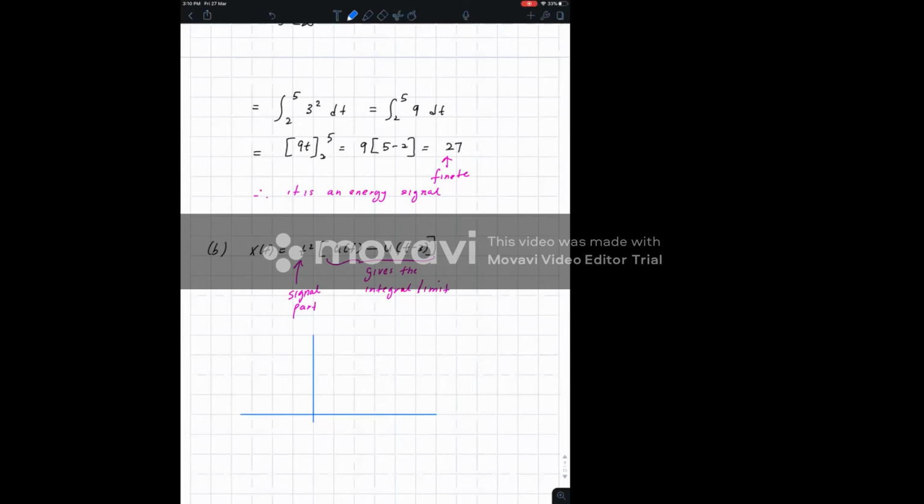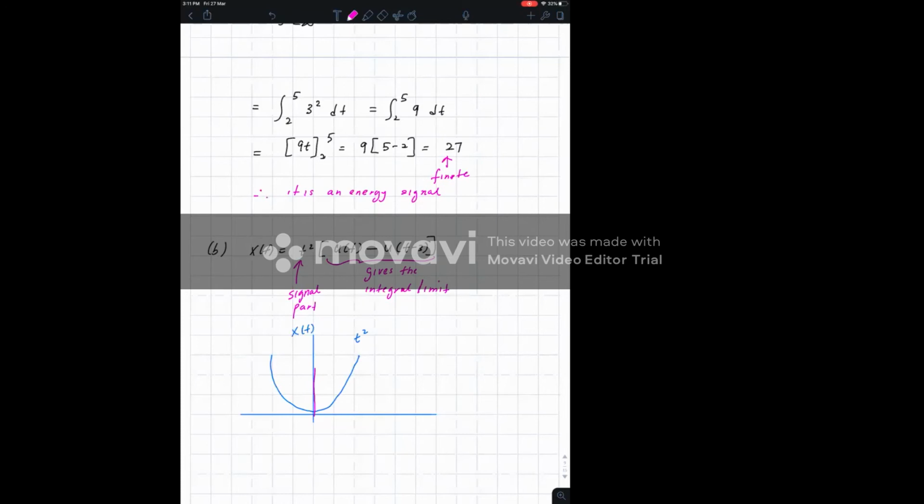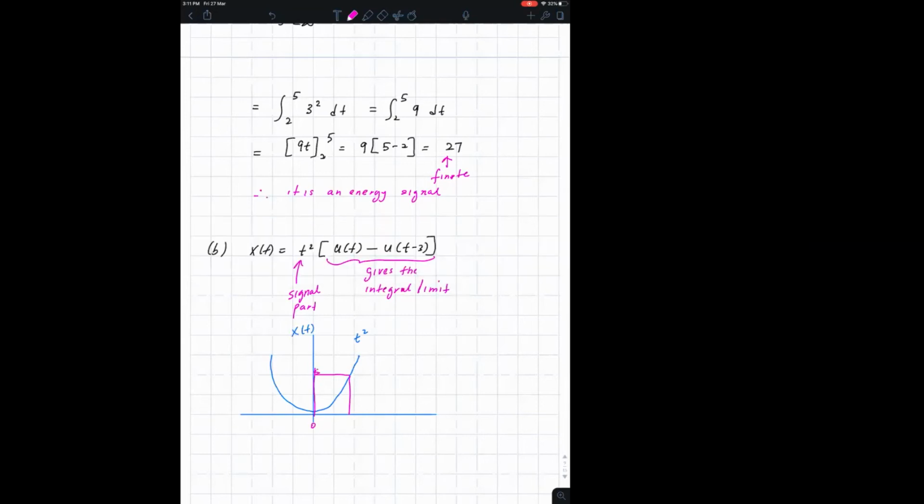It's just amplitude 1, right? It's just telling you the signal is on when t equals 0, and the signal is off when t equals 3. That means the signal doesn't exist outside this limit.